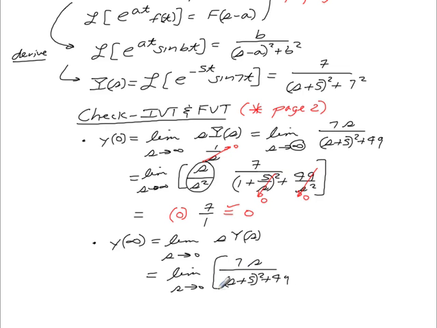These limits are usually a little bit easier to see because the numerator goes to 0, and the bottom goes to 25 plus 49. So this goes to 0 over whatever that ends up being, 74. So that's 0, and that checks out.